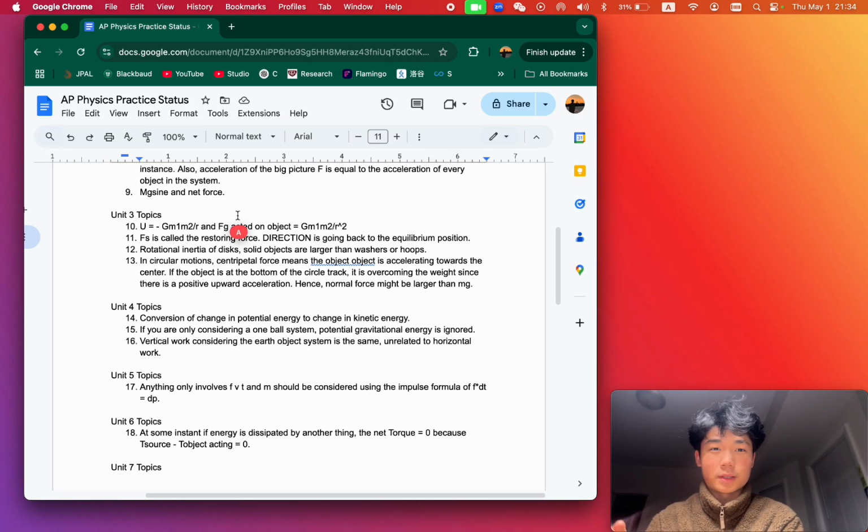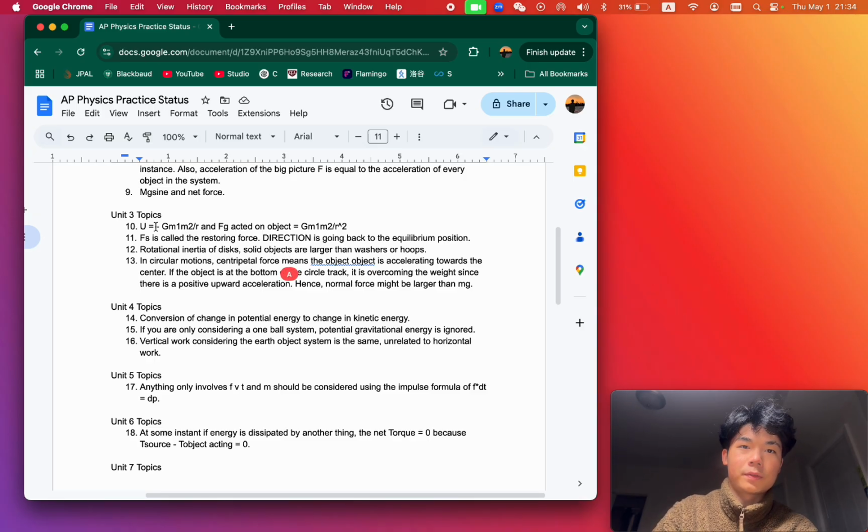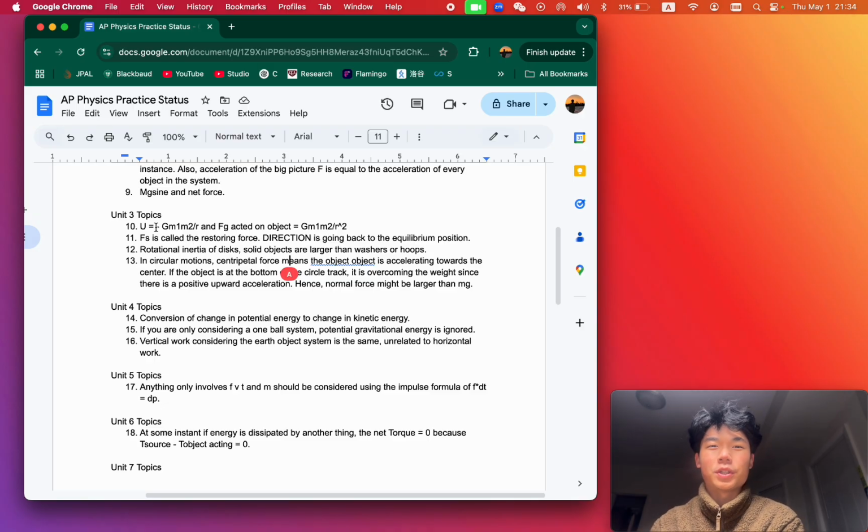Okay, unit 3, number 10. You really have to know this formula and how to use it. You don't have to remember it because it's on the formula sheet. There are two different formulas: the gravitational potential energy formula, and the gravitational force Fg. Fg equals mg for Earth, where G is the gravitational constant.